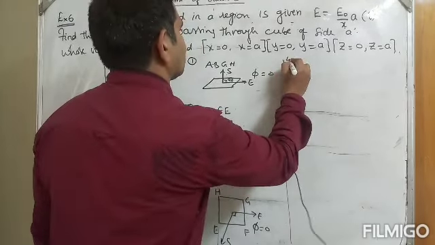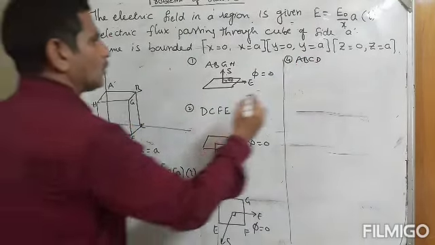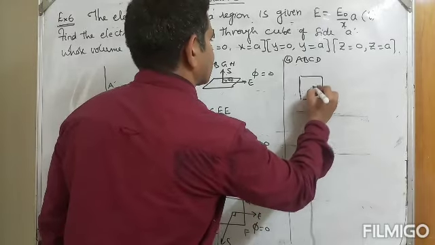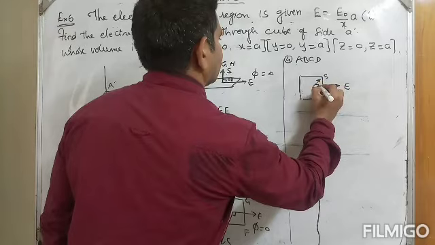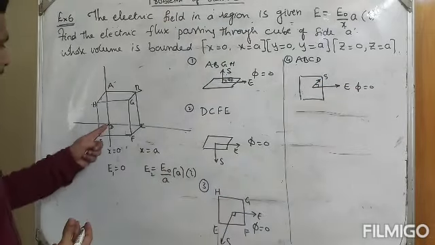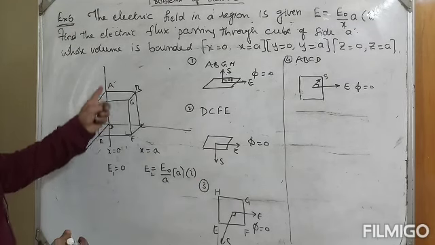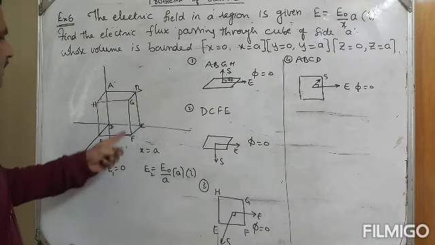One more plane you can take, ABCD, the fourth plane. Understand? Its area vector is along the negative z axis, like this. Electric field in this direction, 90 degrees. Therefore flux is 0. Which planes are left? ADEH and BCFG.